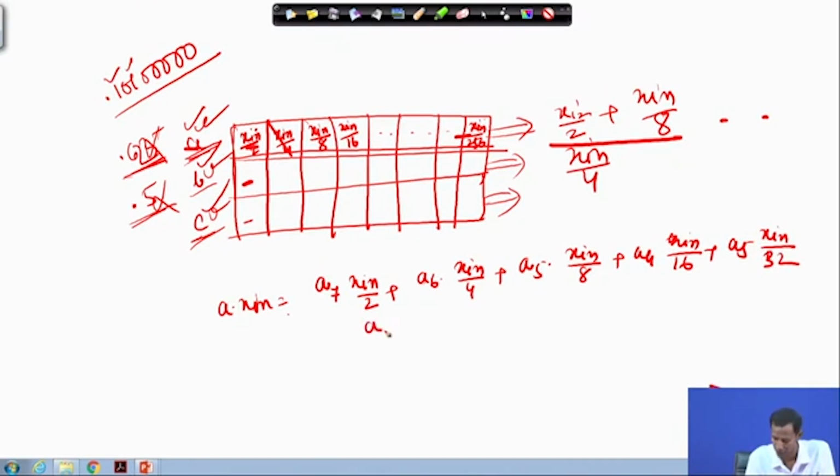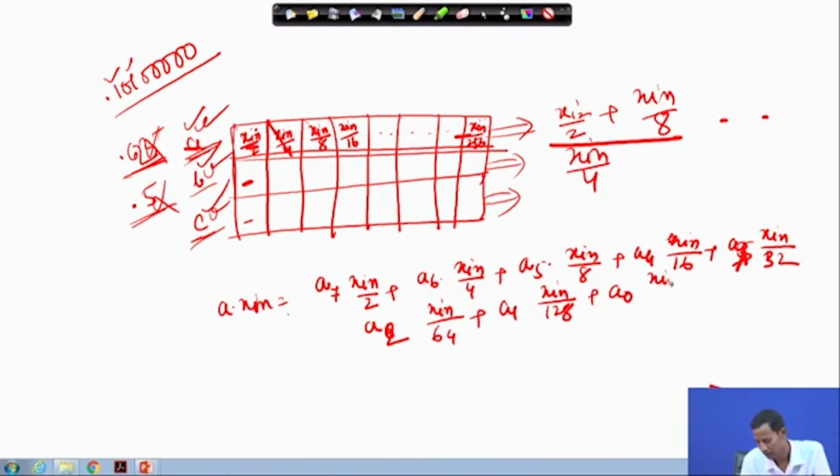Then this is A3, this is A2 x_in divided by 64 plus A1 x_in divided by 128 plus A0 x_in divided by 256.